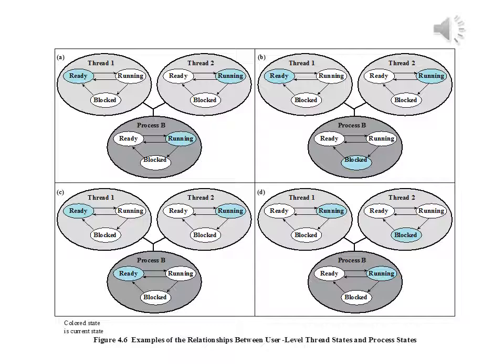In cases 1 and 2, shown in Figures B and C, when the kernel switches control back to process B, execution resumes in thread 2. Also note that a process can be interrupted either by exhausting its time slice or by being preempted by a higher priority process, while it is executing code in the threads library.